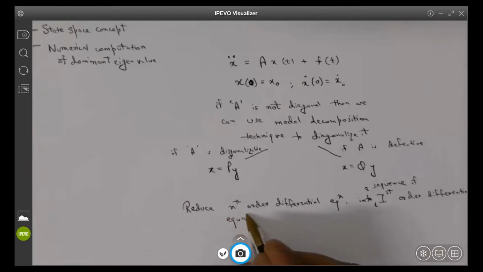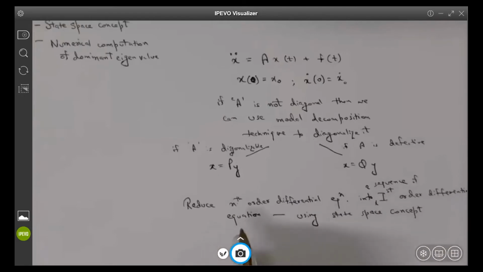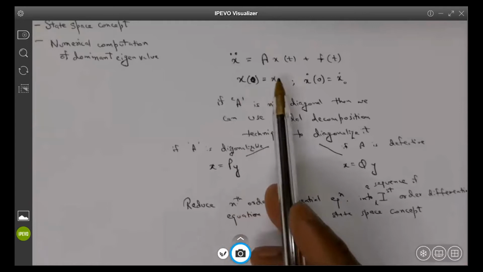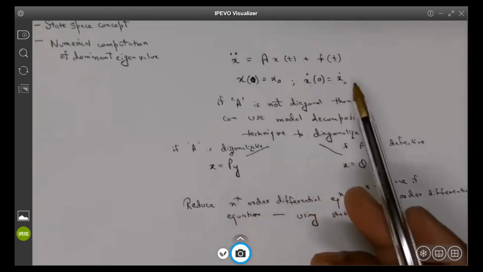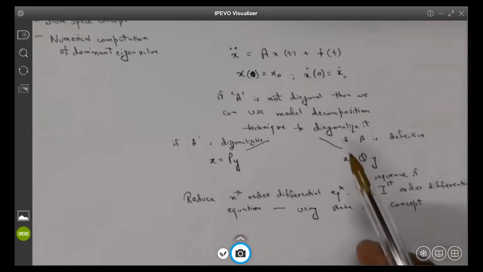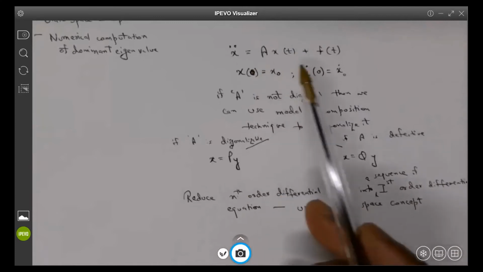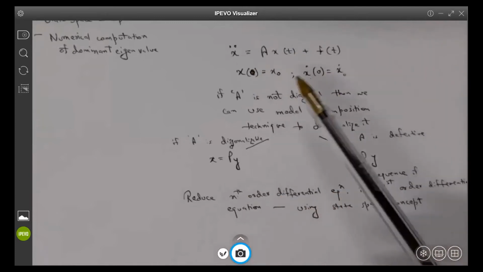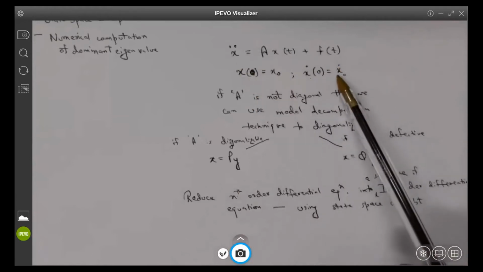The way we implemented it is using the state space concept. We deal with new variables, which we call state variables, and the number of state variables corresponds to the initial conditions specified to solve the differential equation. For any nth order differential equation, you need n initial values to get a solution. Here we have a second order differential equation, so we have two initial conditions.